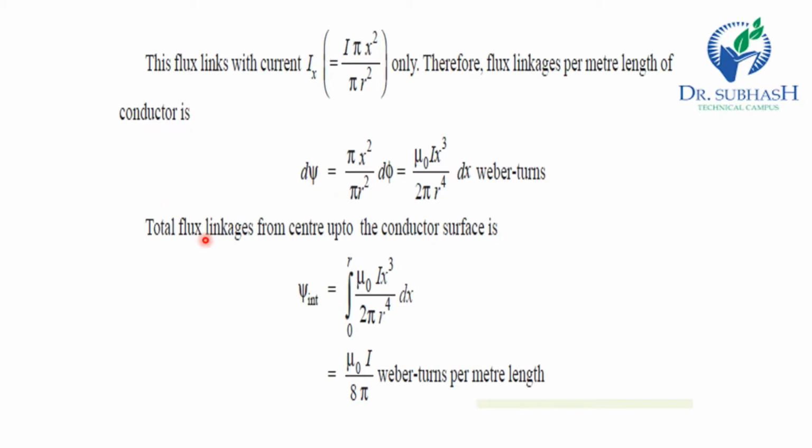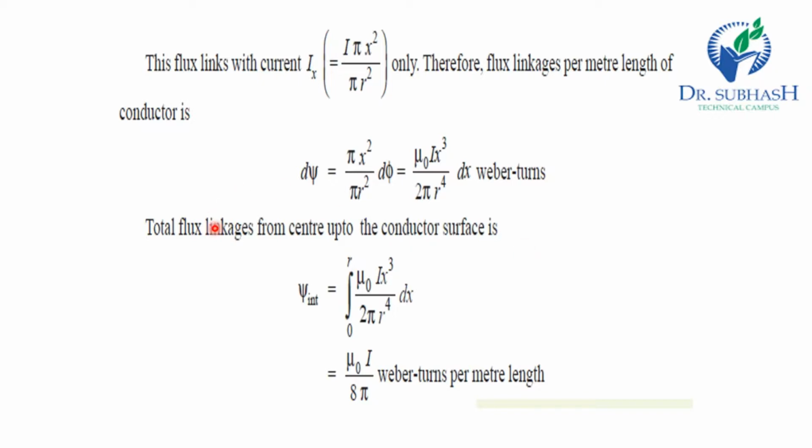Now for the total flux linkage from the center up to the surface, we have to consider the whole conductor, so 0 to r radius. Integrate this equation from 0 to r.